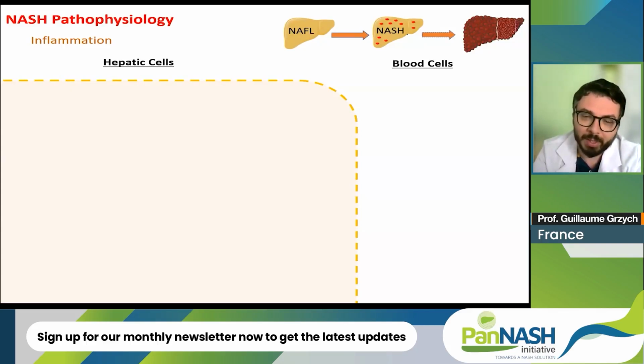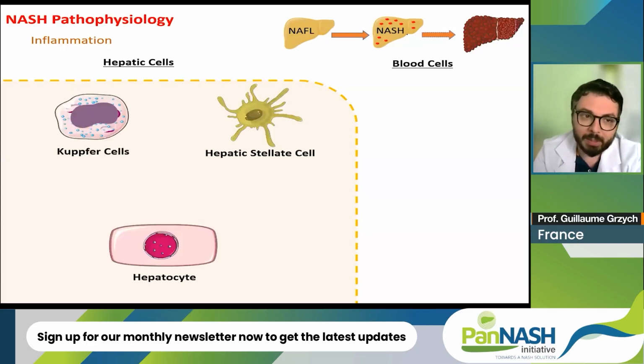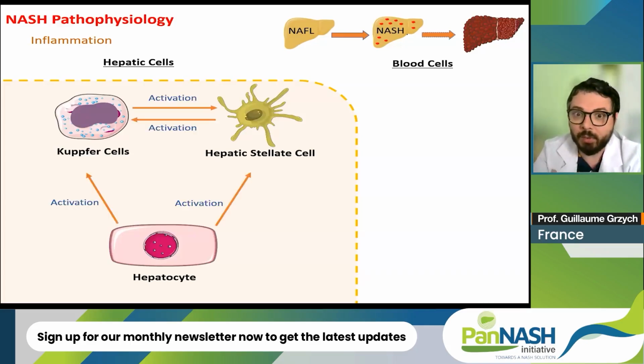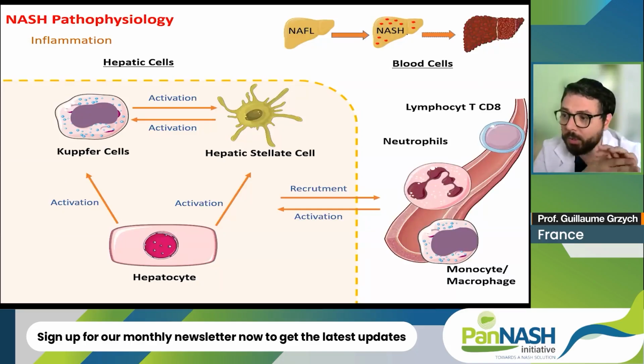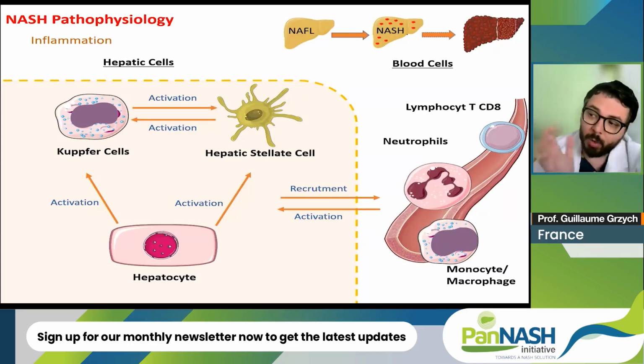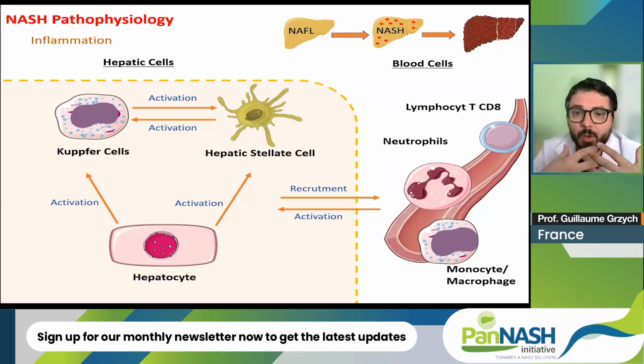This is just a summary here, but you have the hepatic cells, and these hepatic cells are activated to cause inflammation in the liver. So you have activation of hepatic inflammatory cells by the hepatocyte, but also between inflammatory hepatic cells, and these hepatic cells also recruit peripheral blood cells such as neutrophils and lymphocytes, and you have a lot of cells in the liver with major inflammation.